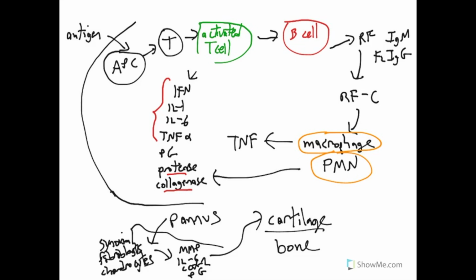What else happens? Well, in this direction here, another growth factor, vascular endothelial growth factor, results in angiogenesis, and then we get a lot more vascular ingrowth to this pannus. And that's why it lights up on ultrasound in terms of increased vascular Doppler flow.